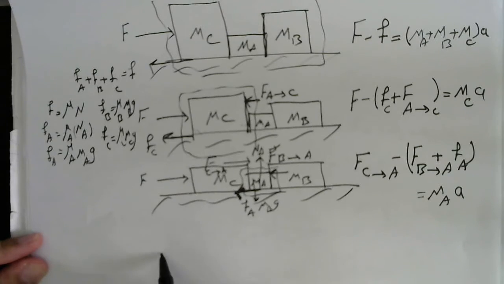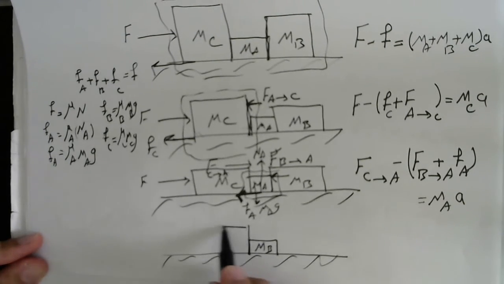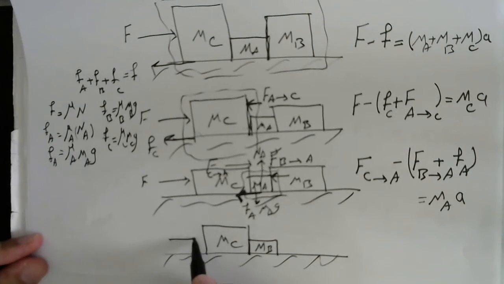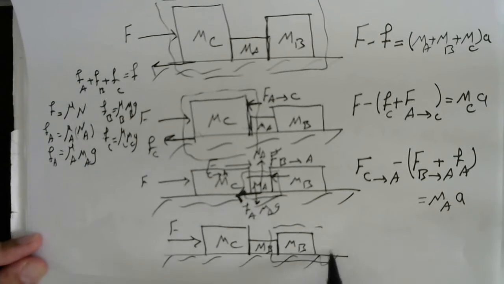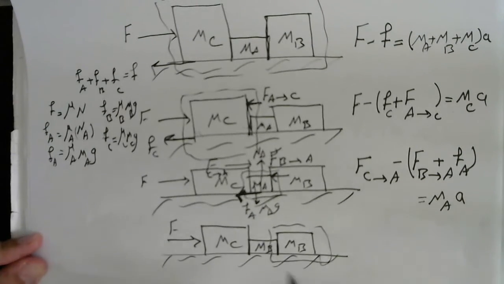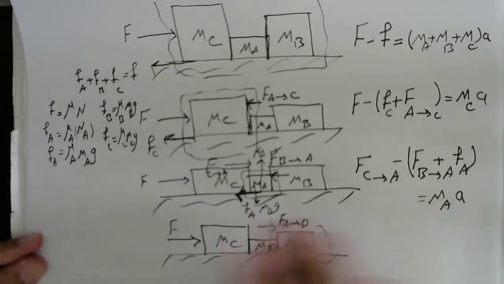This is when we consider A as the system. Now the last part, if we assume B is the system, in this case the force between B and A, this is the force from A to B. This object pushes B in this direction.